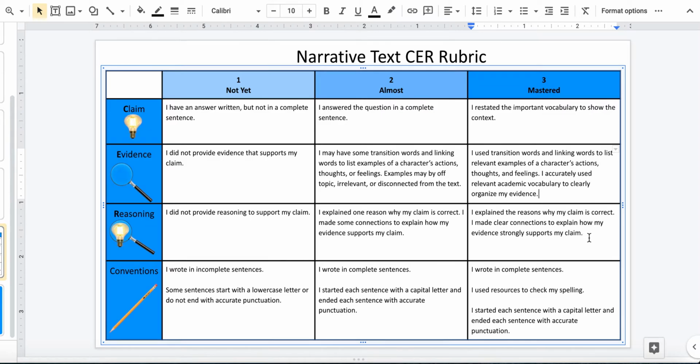When I look down at the reasoning section, I can see I explained the reasons why my claim is correct. I made clear connections to explain how my evidence strongly supports my claim. So my reasons are going to be my evidence connecting back to my claim. Notice the images on the left when we look at our criteria.